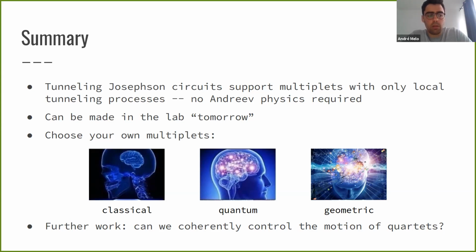In terms of further work, there's a lot of possible directions, but perhaps the most exciting is whether we could come up with a way of coherently controlling these quartets. And the reasoning there is that there's a lot of work being done both by theorists and experimentalists to try to realize these cosine 2 phi Josephson junctions, which are junctions where the lowest order charge transfer is of two Cooper pairs, as opposed to a regular cosine phi junction.